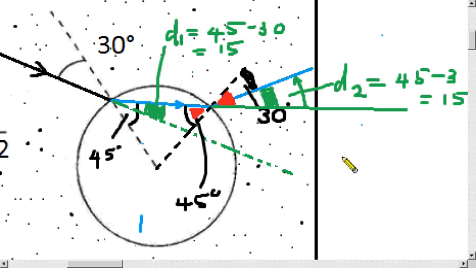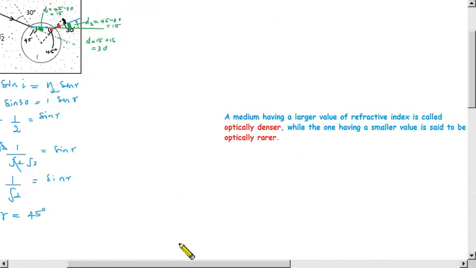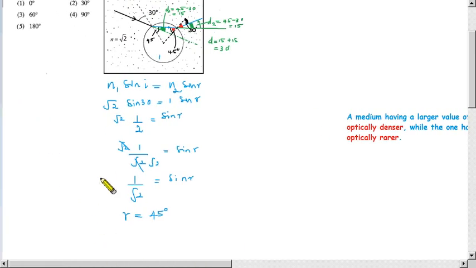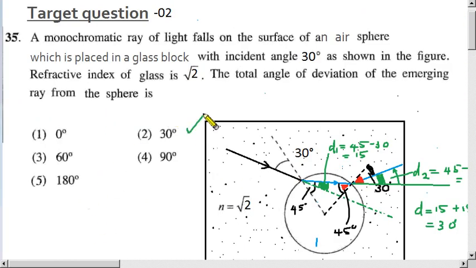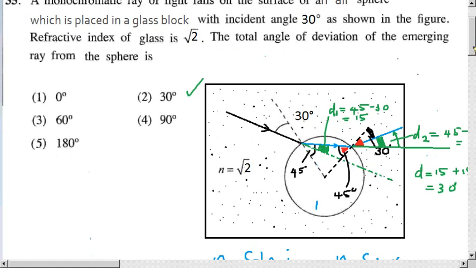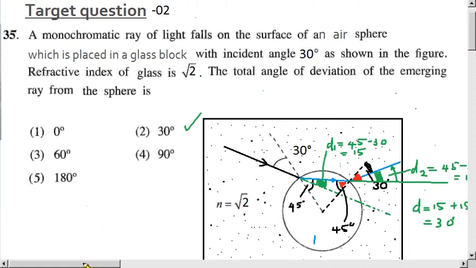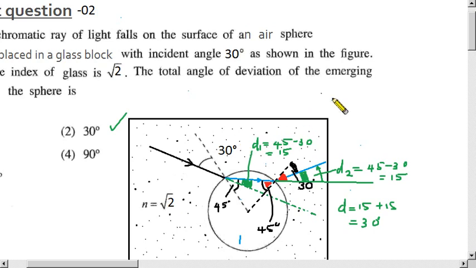So we have to get the sum. So final D is therefore 15 plus 15, so 30. So in this question the answer is 30. So I think children, you can understand that we have to do that sort of exercises.